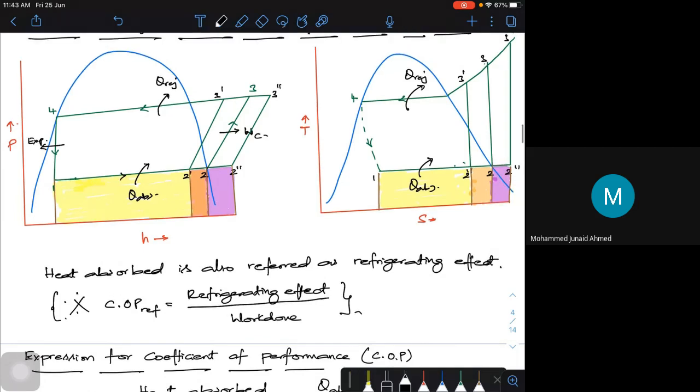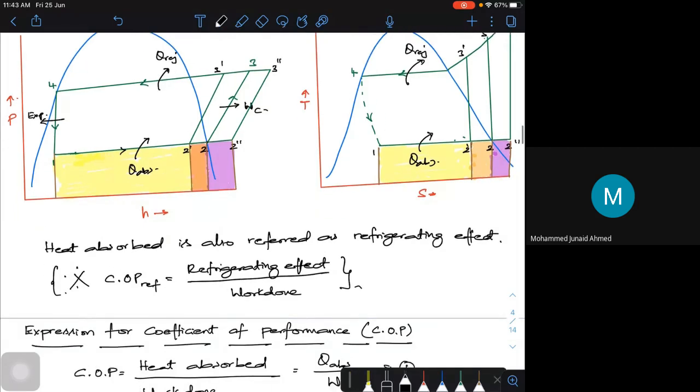Let me write that. Factors affecting refrigeration system.